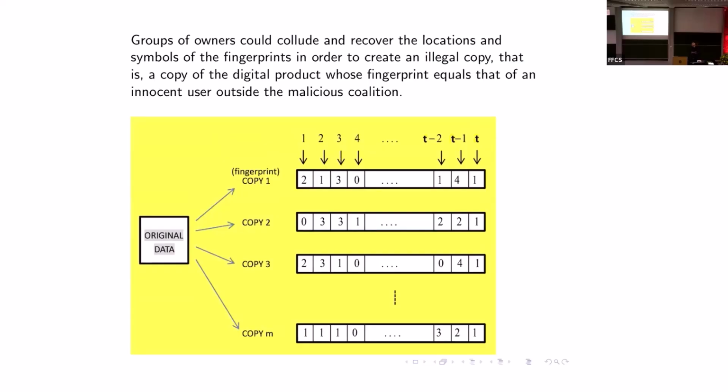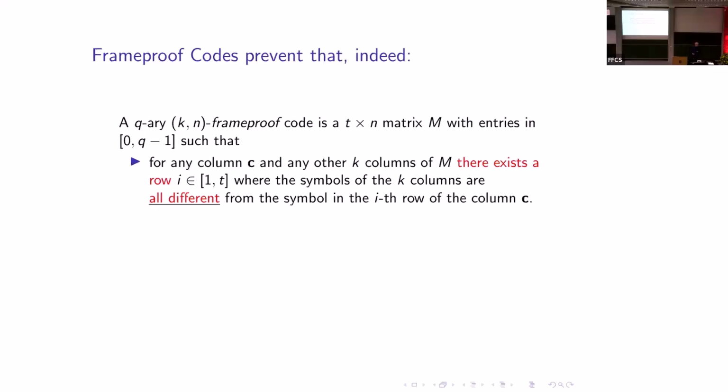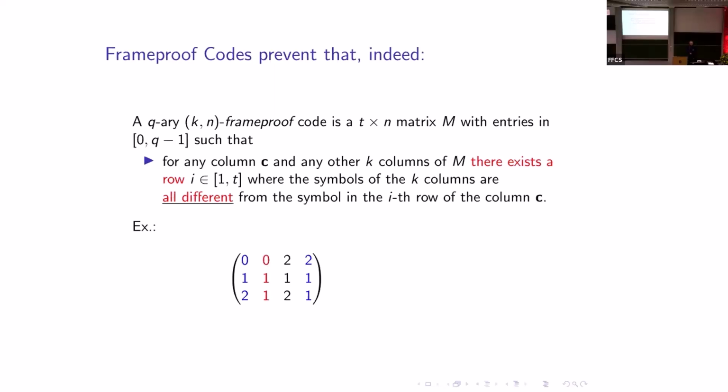So you do not want a dishonest group of people, by colluding, to be able to reconstruct the signature of another honest user. Okay? Let's make an example, as we'll see, because a frame-proof code prevents that.